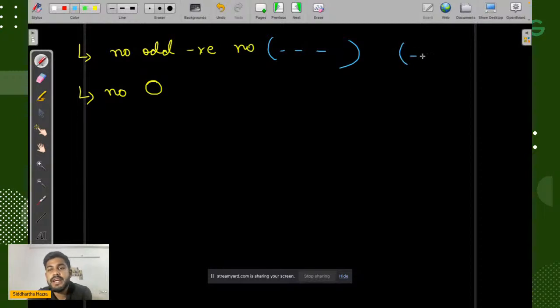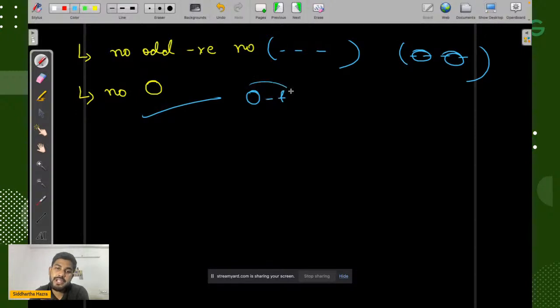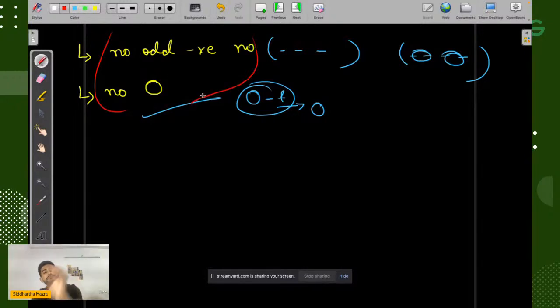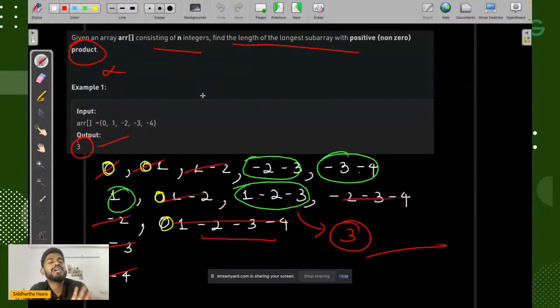But if we have simply negative negative, or negative negative positive, this would make it positive. So basically, if we have an even number of negative elements, it would make it positive, but if we have an odd number of negative elements, it would make it negative. And 0 is disrupting the answer, because 0 multiplied by negative negative negative is 0 itself. That is why it is disrupting the answer. So these two are the conditions that we can draw from the sample test case itself. We don't need to think much.